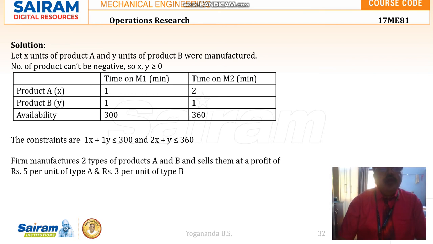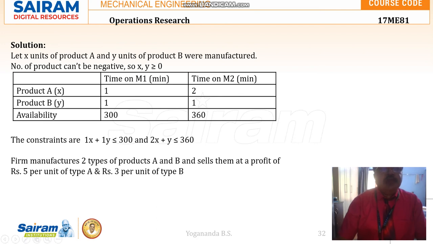The number of products produced cannot be negative, so x, y will be greater than or equal to 0. If nothing is produced, x will take 0 value or y will take a 0 value. If we produce some units of A, x will have some value, and if we produce some units of B, y will have some value.